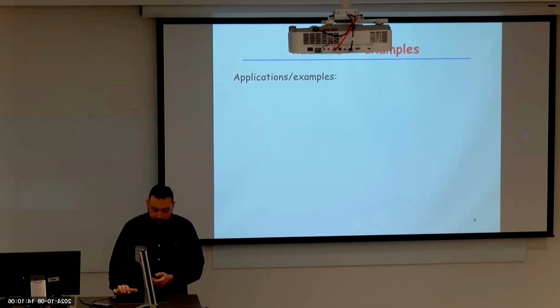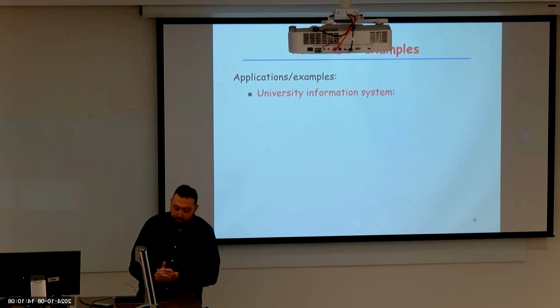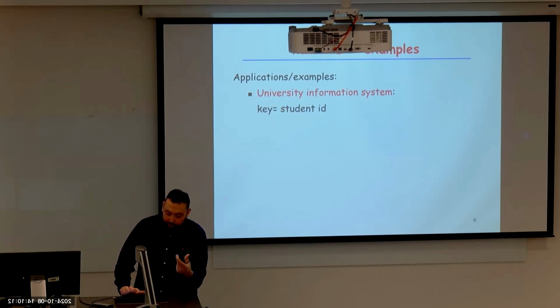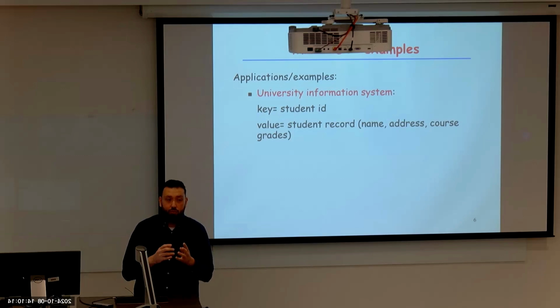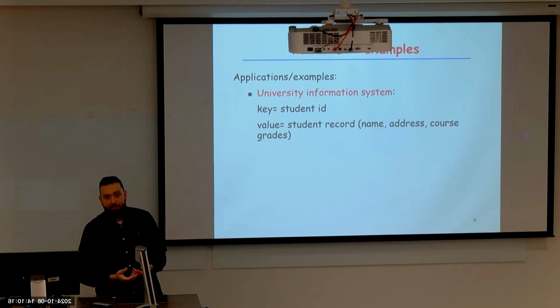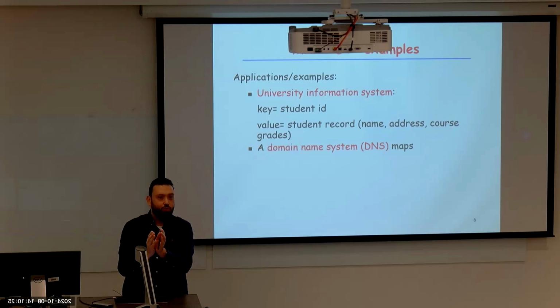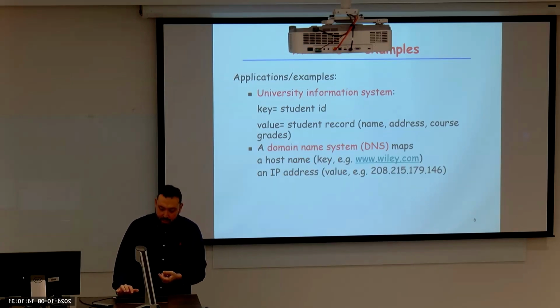Okay. Now, actual applications can be a university information system. We said your key would be the student number, and then the value can be your student record. Who can give me another example? Doesn't seem there is lots of energy, so we're going to skip it. Domain name system, it's like the website is the key, www.uottawa.ca, that's your key. What is your value of this? What's the actual value? IP address, of course.